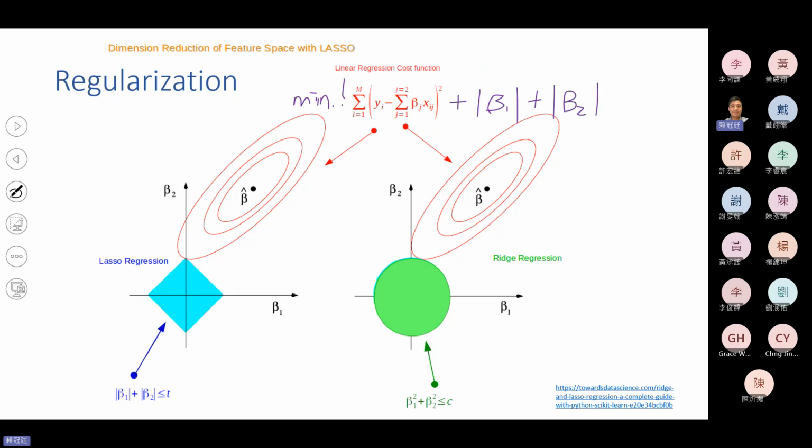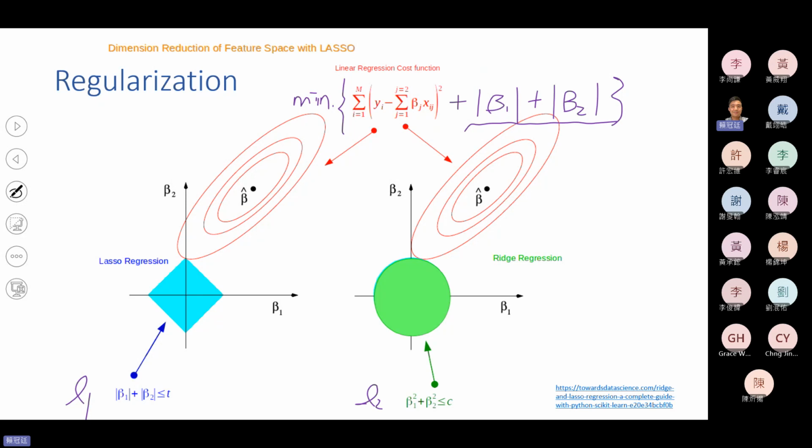So you will need to minimize the whole objective function. This term is called the regularization term. Usually there are two different regularization terms. If you use the L2 norm, then it's called ridge regression. L1 is called the lasso.